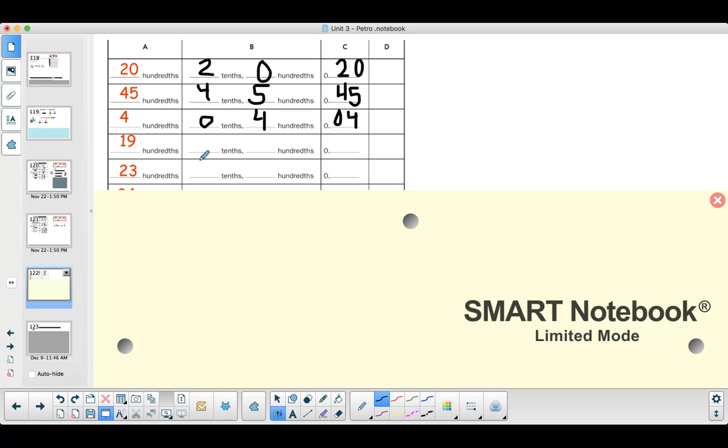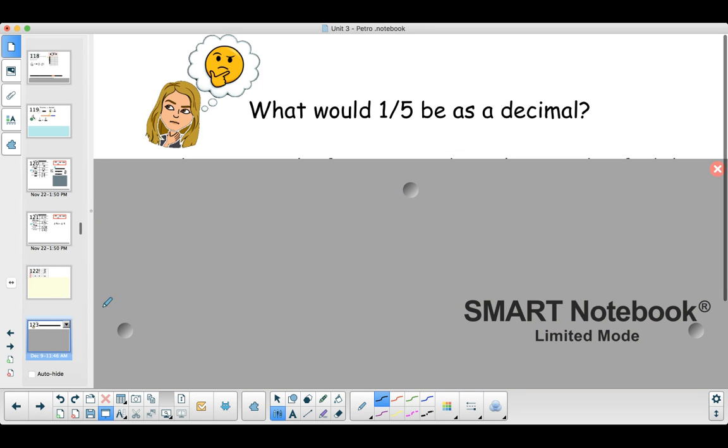Yep, so 23 hundredths, you have 2 tenths, you have 3 hundredths, and to write it as a decimal, it would be 0 and 23 hundredths. Okay. Last question, and then you're going to be off to independent practice.